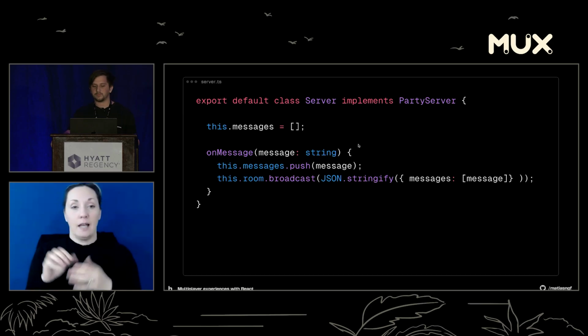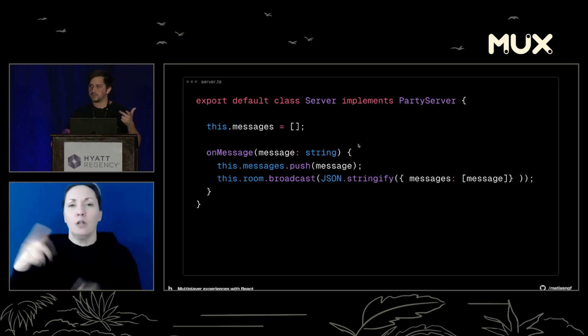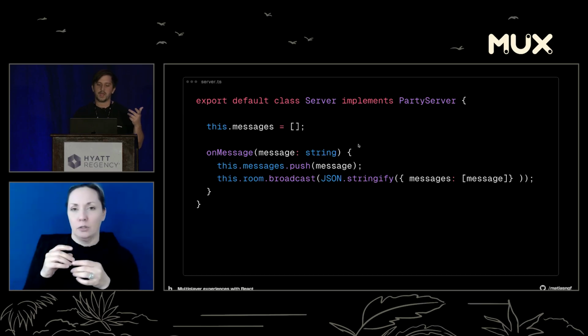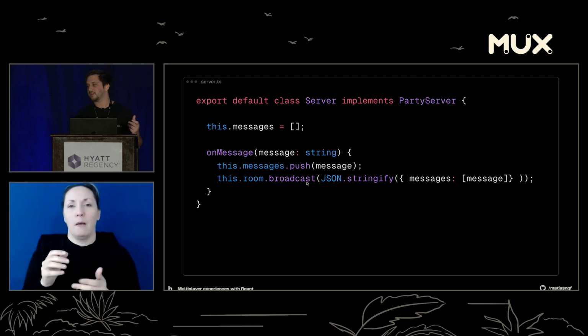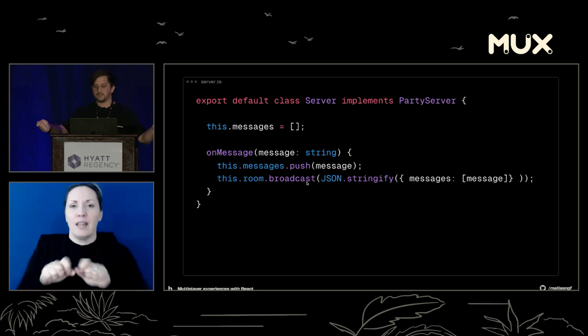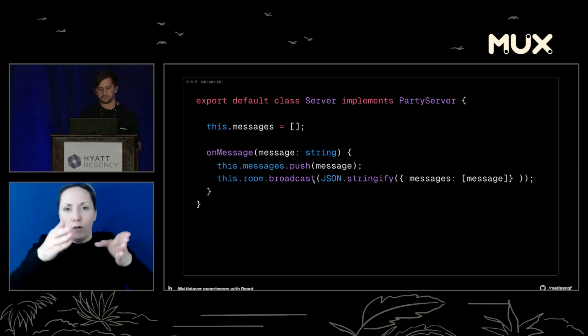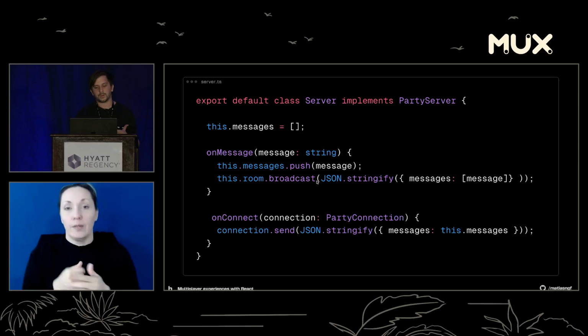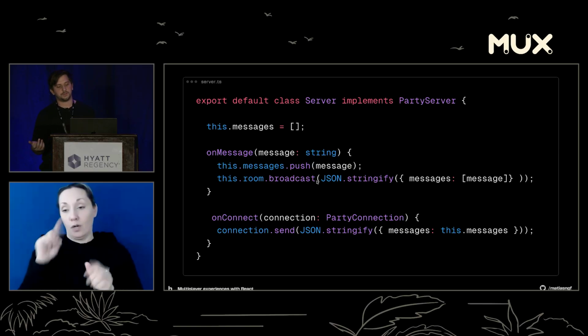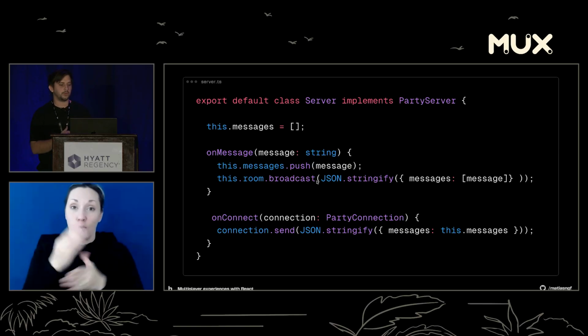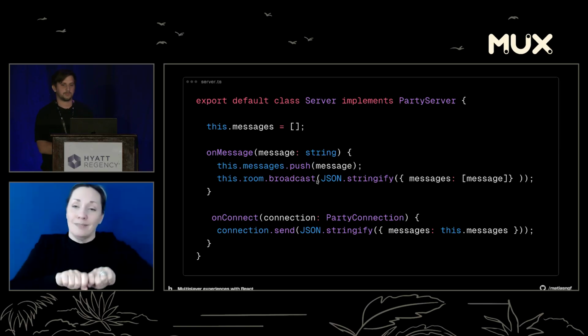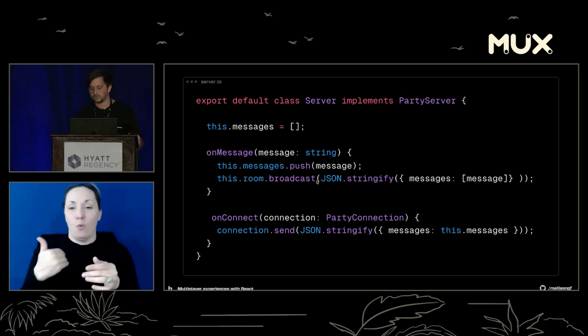Every time it receives a message, it pushes to the messages array and broadcasts. This means that it will send the whole messages array to every person in the room. Also, you can handle, for example, a new person joining the room, and send all of the messages so that they have the full chat history.